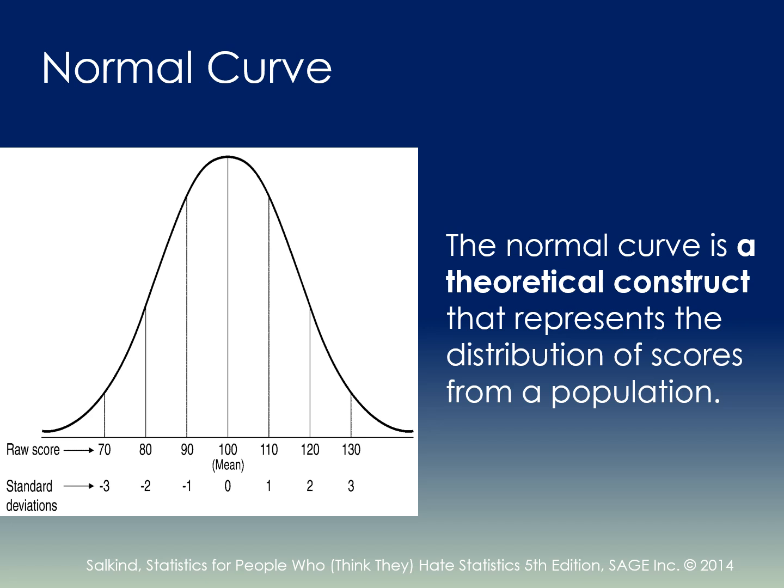So later on in the course, when we start getting into t-tests, we talk about how we make some adjustments to some of the things that we use so that we can depend upon our sample size to represent the normal curve. That's off to the side for now. Right now, what I want you to know is that the normal curve is a theoretical construct that represents the distribution of scores from a specific population.